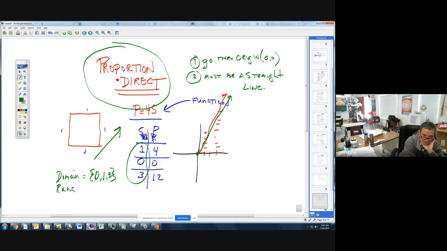We talked about the range being the y numbers, or the output numbers, which would be 0, 4, and 12. Domain, input, range, output. And I think for right now, ladies and gentlemen, that is going to get you where you need to go as far as functions go.